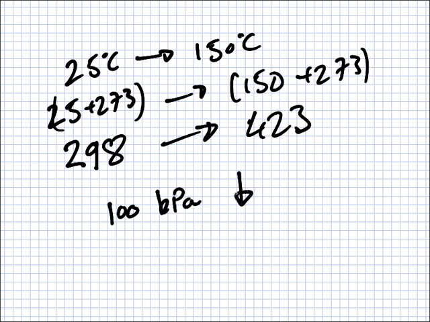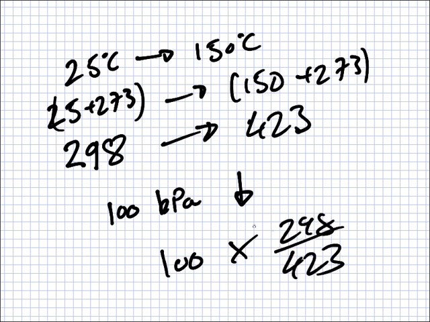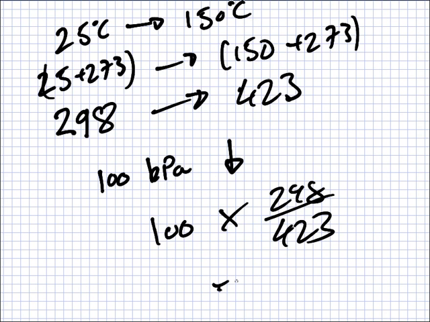It should reduce. So the answer is 100 times 298 over 423. Now, you can also use this formula. You get the same answer. So what is this answer? 70.44.